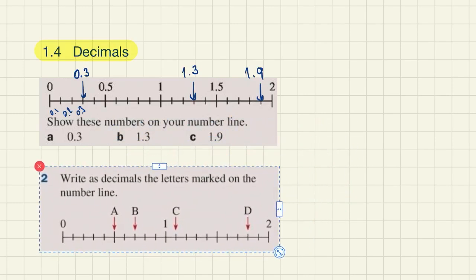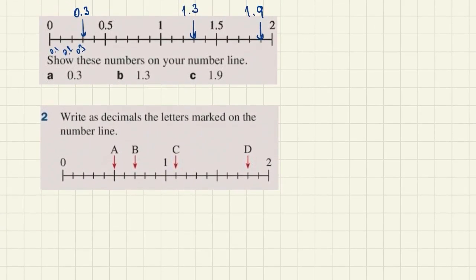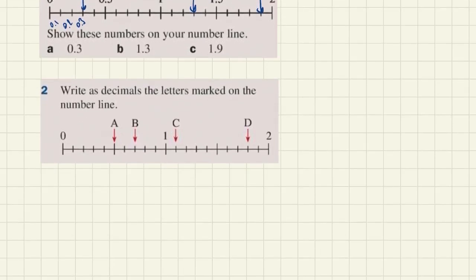And this next exercise is kind of an opposite of what we just did. Here we have to write as decimals the letters marked on the number line. So we already have a letter on the number line, and we have to say what kind of number this letter refers to. So first we go A. A is, as you can see, right in the middle between 0 and 1.